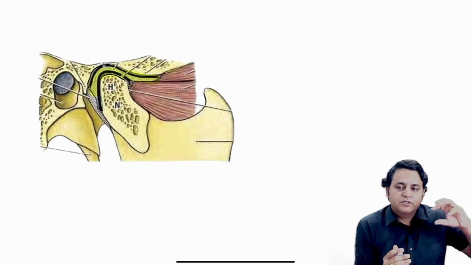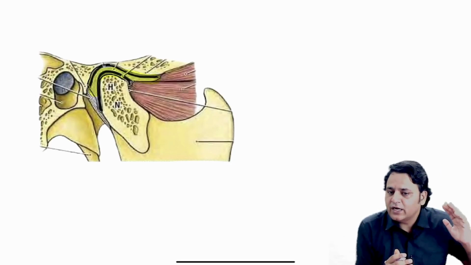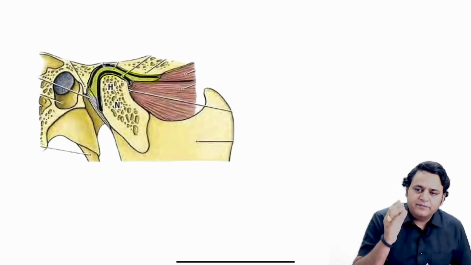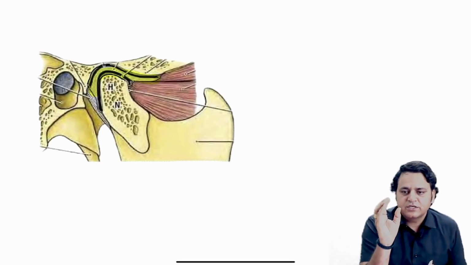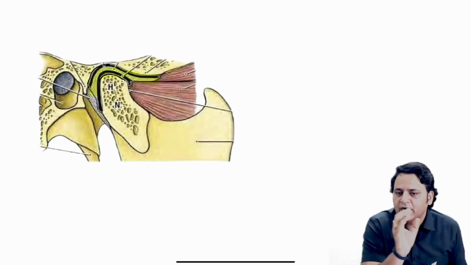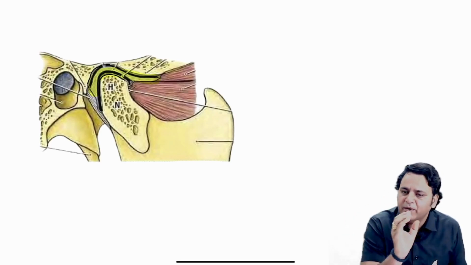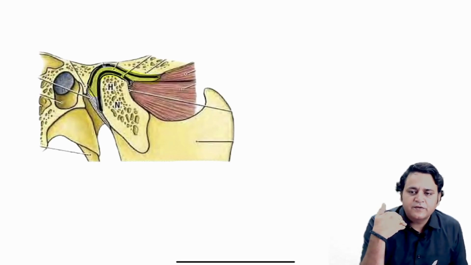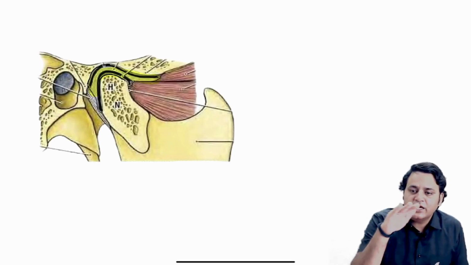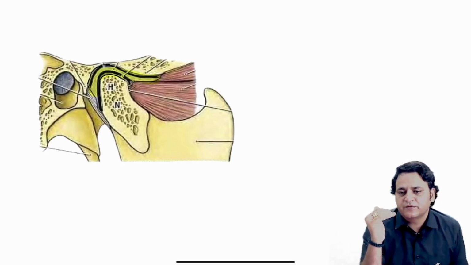When there is a sliding or gliding movement, the articular disc moves with the head of the mandible. That's why the friction occurs in the upper surface of the articular disc.